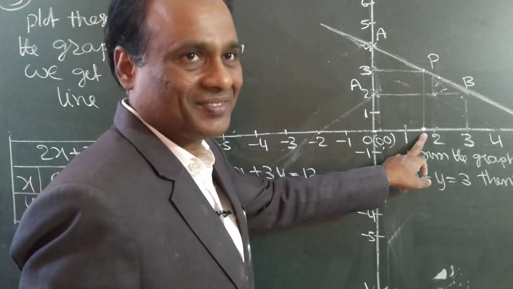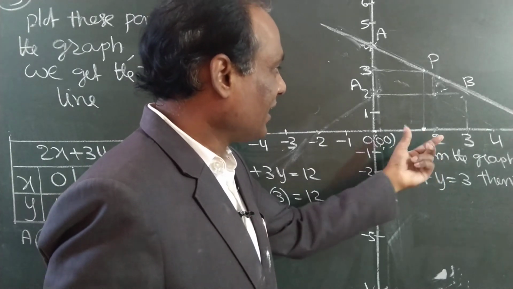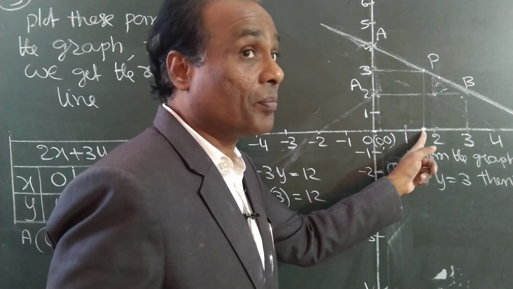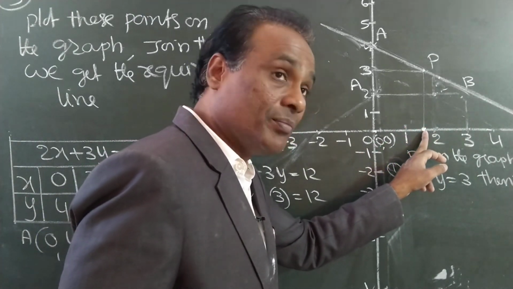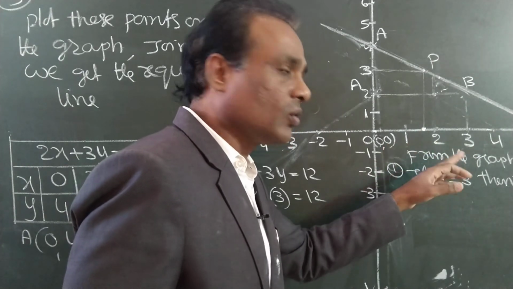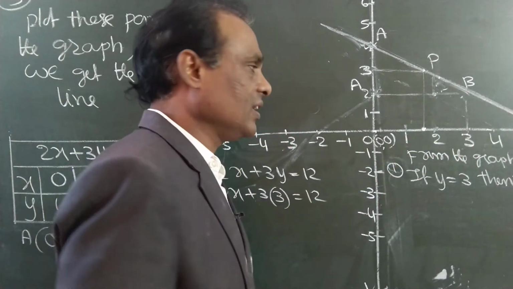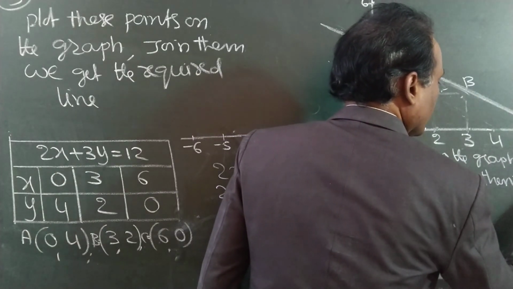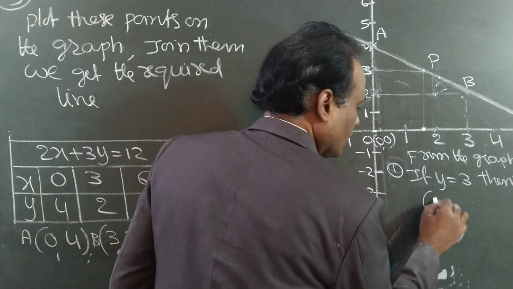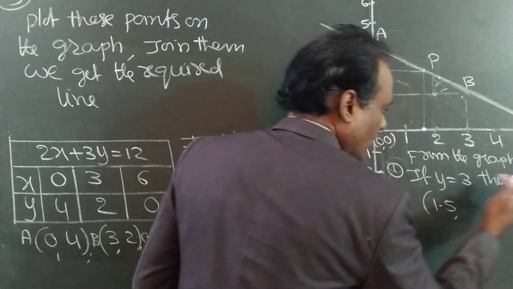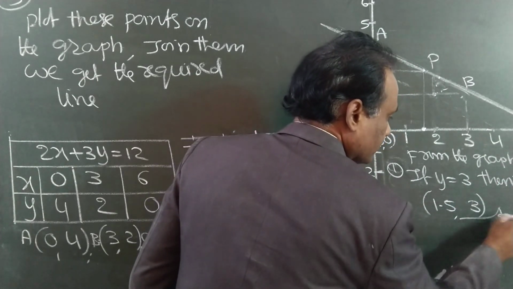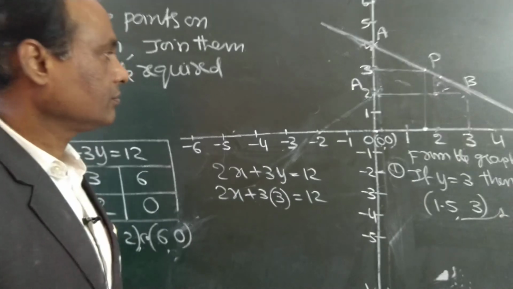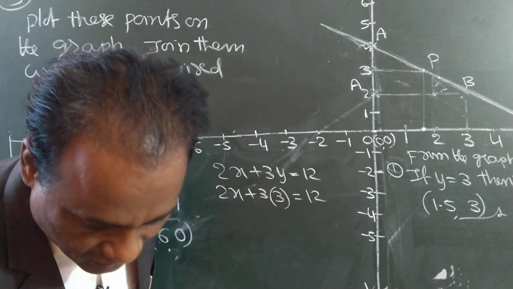It will be between 1 and 2, exactly in the middle. If you use graph paper, we will get exactly the middle. What is the middle of 1 and 2? 1.5. So the answer is: x value is 1.5, y value is 3.